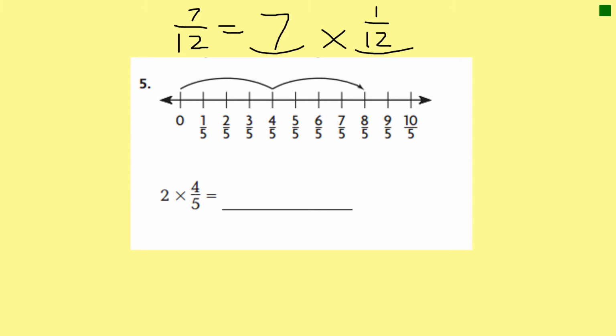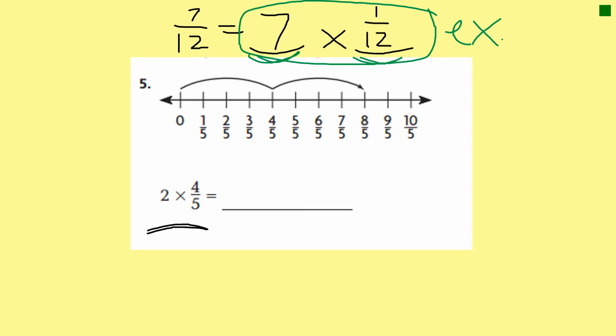So they want us to write 2 times 4/5 as the product of a whole number and a unit fraction. Now this one is just an example, of course, right? Let's see here. Before I do that, this nice number line is showing me there's one set of 4/5, right?